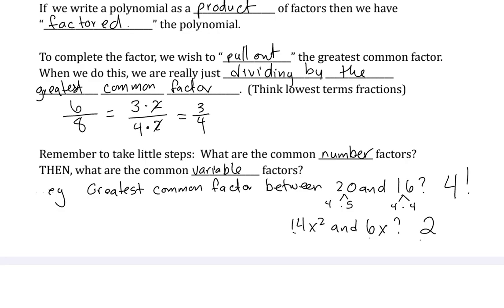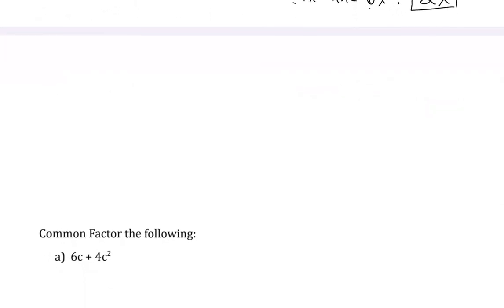So the numbery bit is definitely going to be 2. But in terms of the lettery bit, the greatest common factor, I have x times x here and just x here. So the greatest thing that's common between them with the variables is x. So the greatest common factor between 14x squared and 6x is 2x.